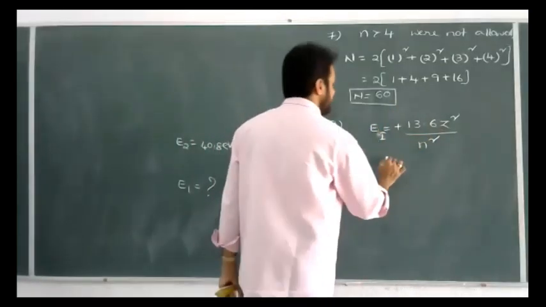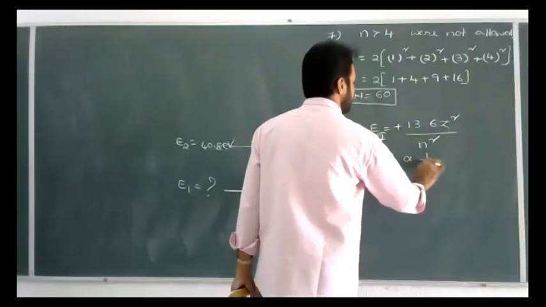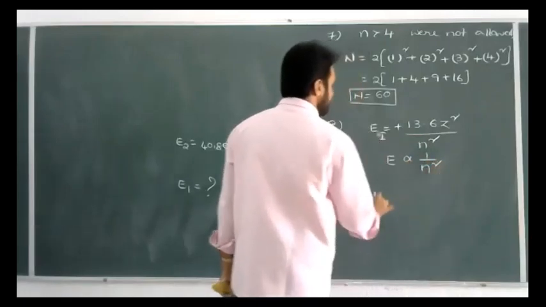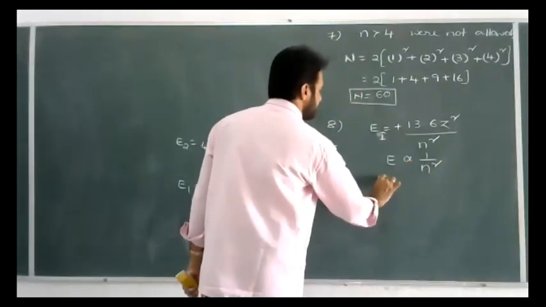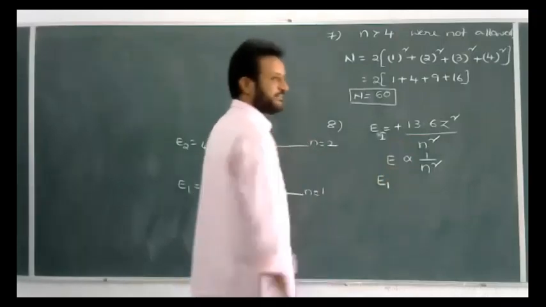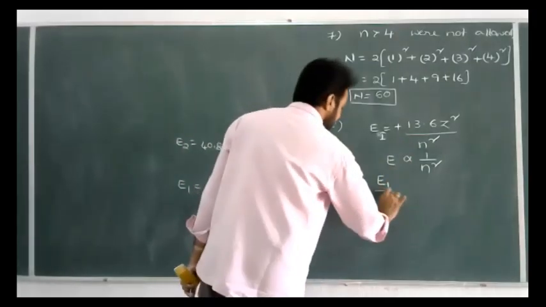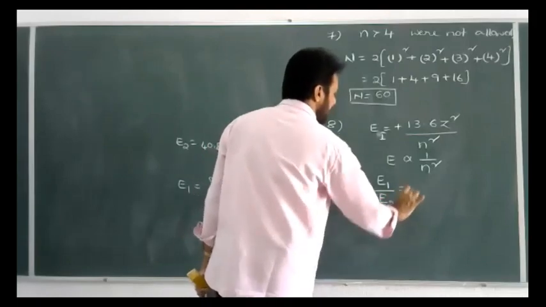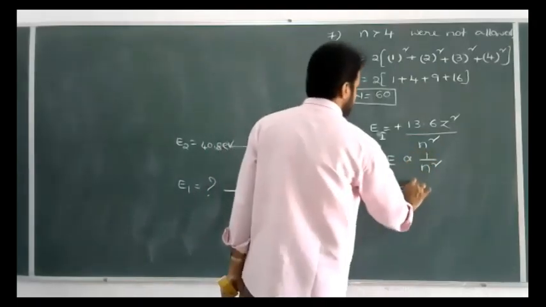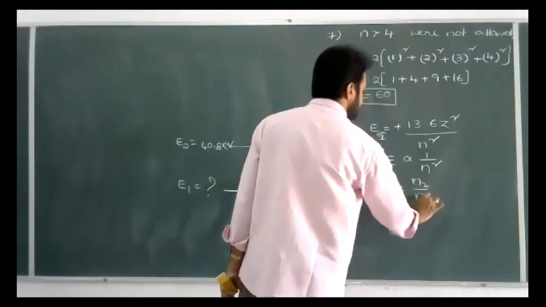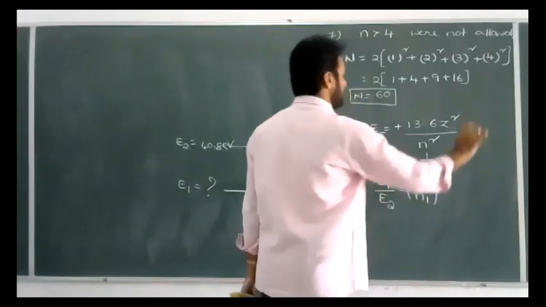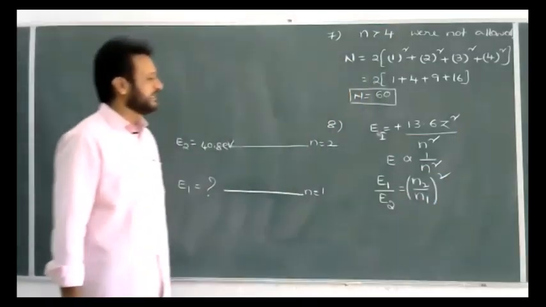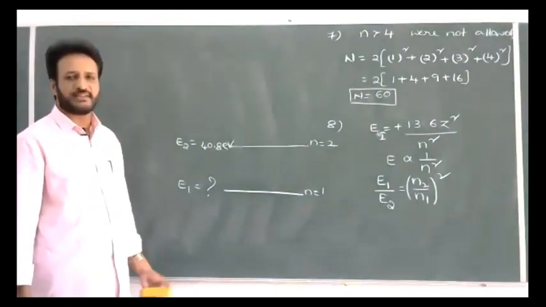I'll use the formula E proportional to 1 by n square. We want to remove the energy from the first orbit, so E1 you should calculate. E1 divided by E2, already we know, is inversely proportional, so E1 by E2 is equal to N2 by N1 whole square.